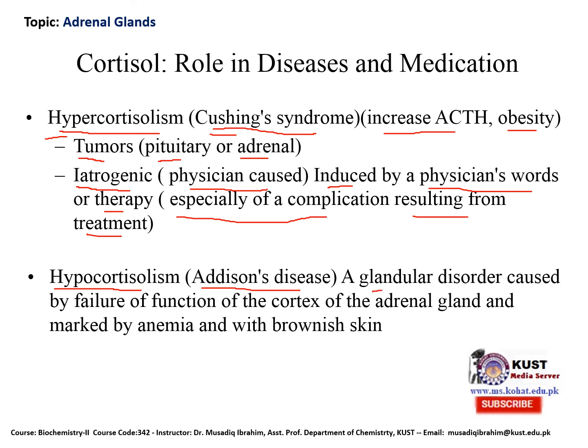It is a glandular disorder caused by the failure of function of the adrenal cortex of the adrenal gland, and the symptoms which take place as a result of hypocortisolism are anemia, which is the decreased concentration of red blood cells, as well as the appearance of brownish skin.